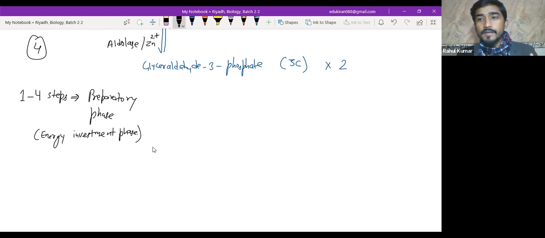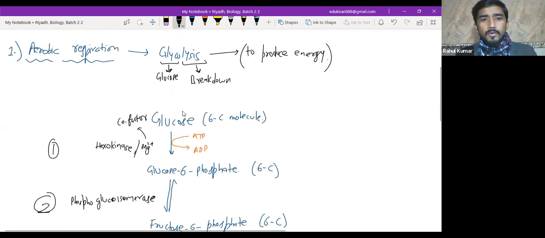So these first 4 phases were very easy, because not much change has happened, the breakdown has just started. In the beginning, you took glucose and realized that if it stays in the form of glucose, it will not allow more glucose to come in because it will saturate. So you convert it into glucose 6-phosphate by utilizing energy. So you sealed the fate.